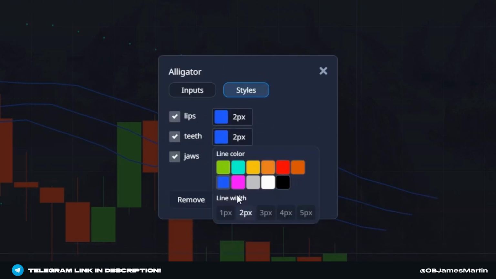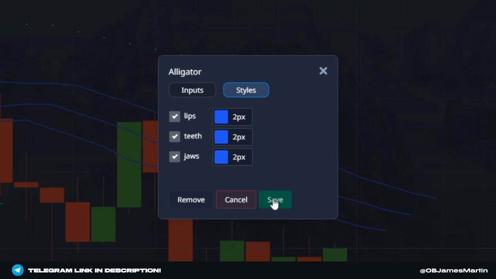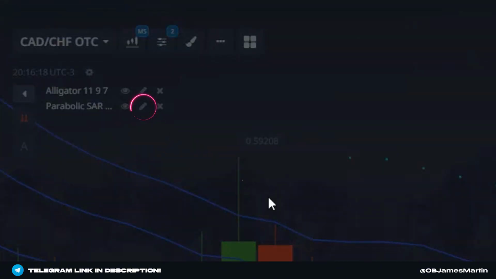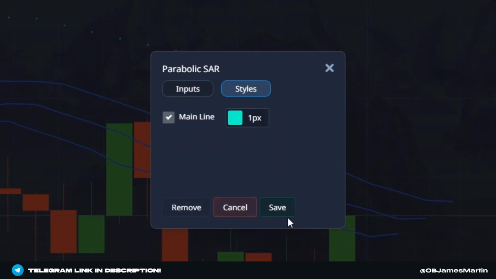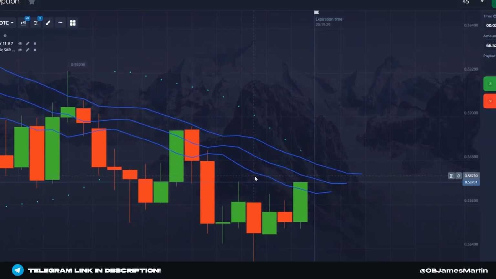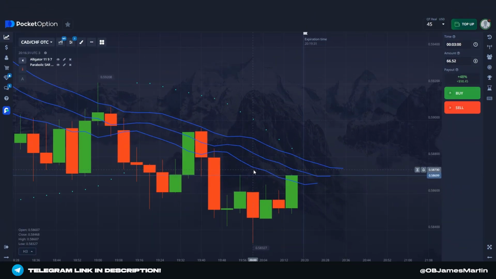I'm gonna use blue for all 3 lines. For the Parabolic SAR, we're gonna use 0.005 acceleration and 0.15 maximum acceleration. The style we're gonna use is green ocean. So a couple more clicks and everything is ready to work, and it looks very simple and beautiful, guys.